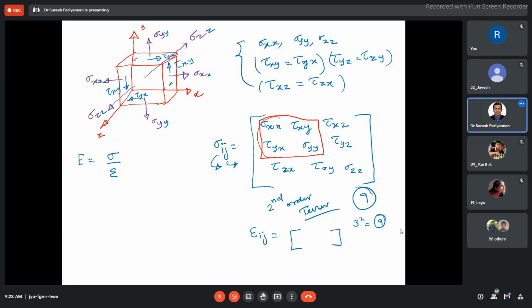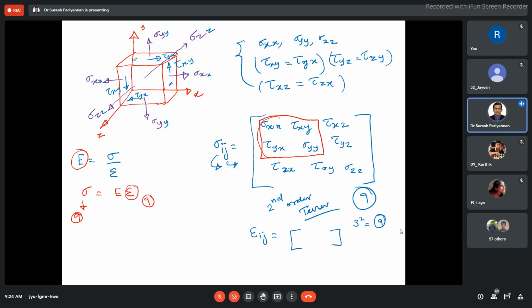Now, E is equal to sigma ij over epsilon kl. Now I can write sigma is equal to E into epsilon, where Young's modulus is a material constant. But when we write this, how many components is this? Nine components. And this? Nine components.